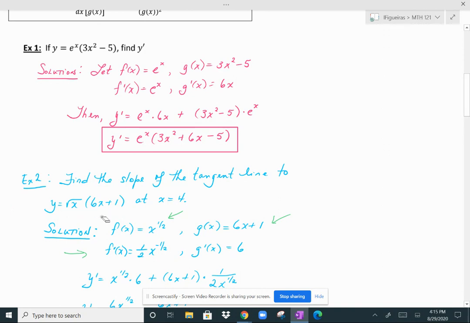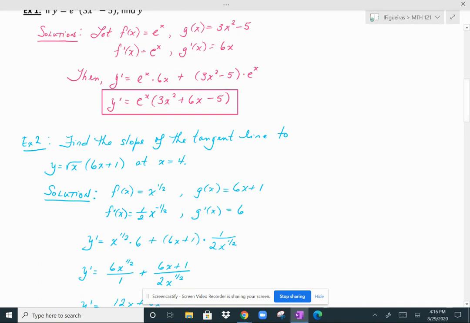Okay, so now I need to put this all together in terms of what the product rule says. So product rule says f g prime, which is what I have here. So now instead of calling it y, this is y prime. So y prime is f g prime plus g f prime.